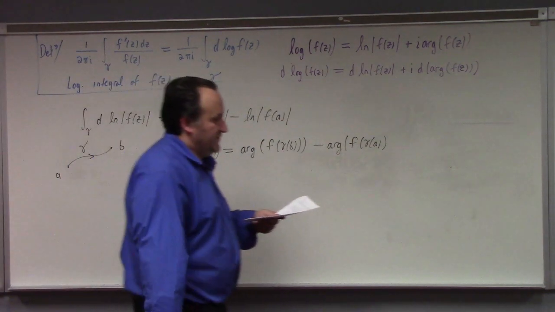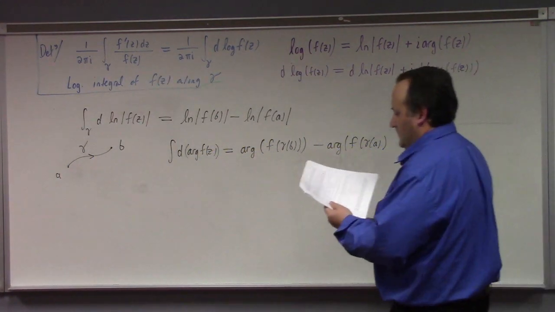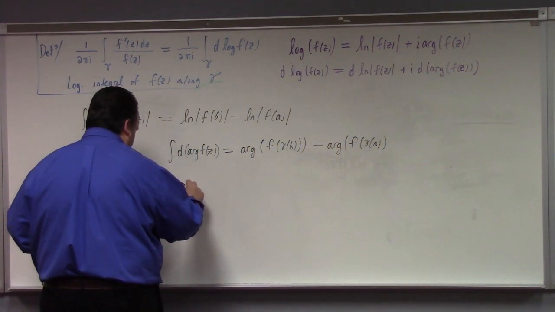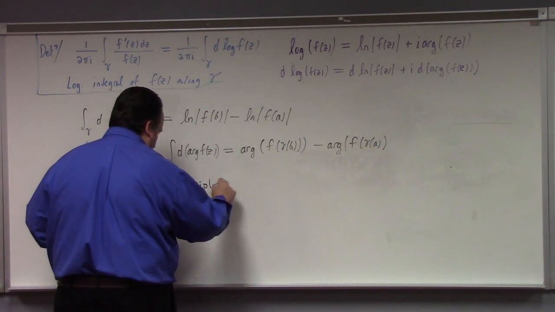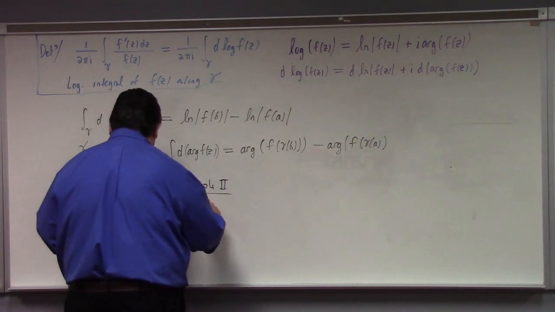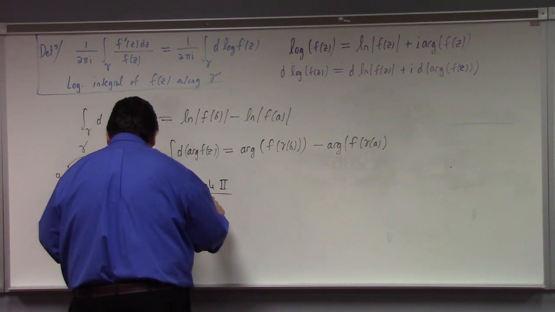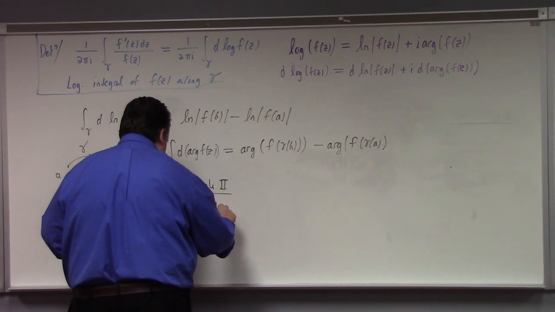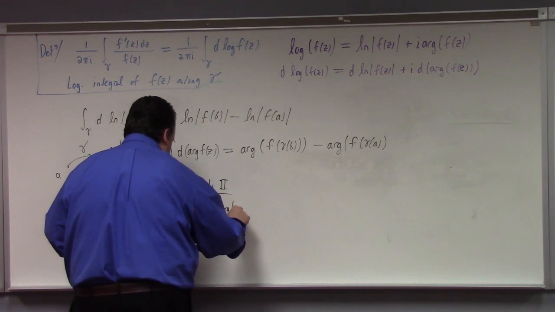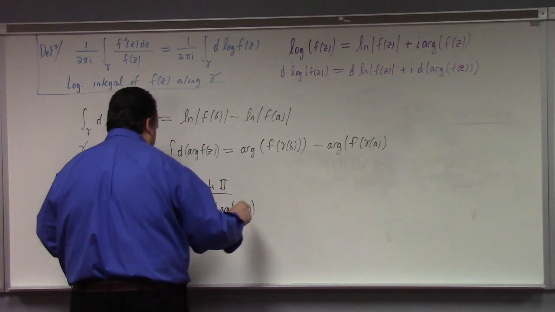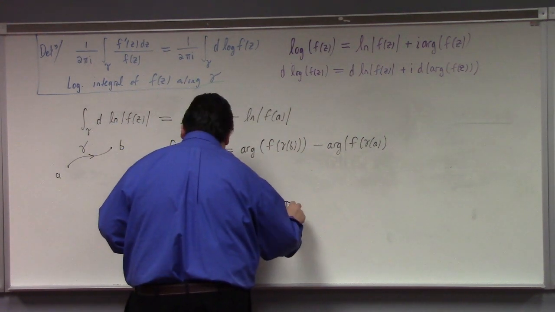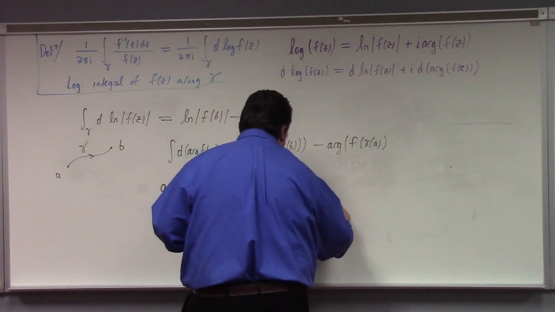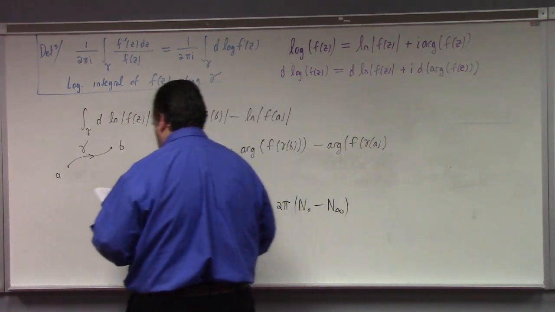Argument principle 2 says that the integral around the boundary of D of the differential of the argument of f of z is equal to 2 pi times the number of zeros inside the region minus the number of poles, both counting multiplicity.